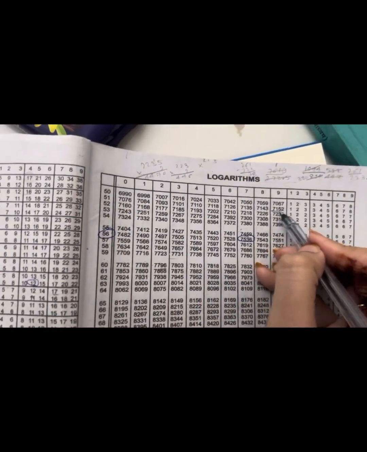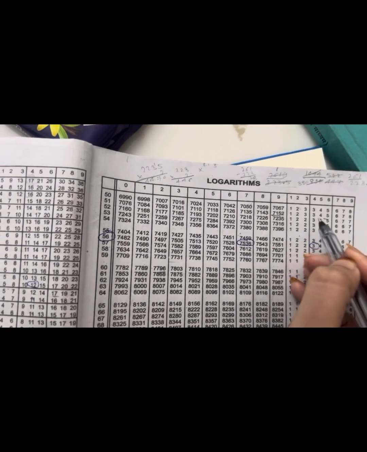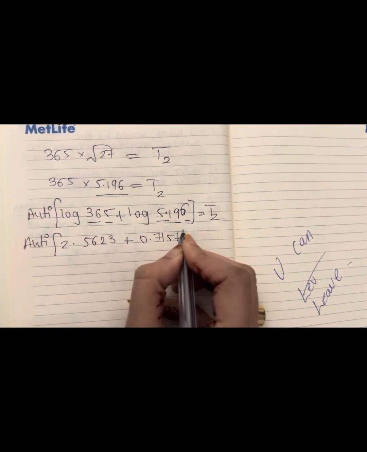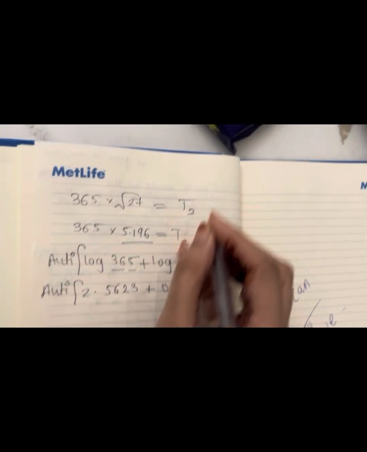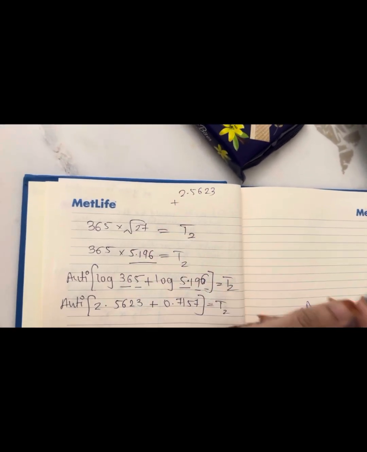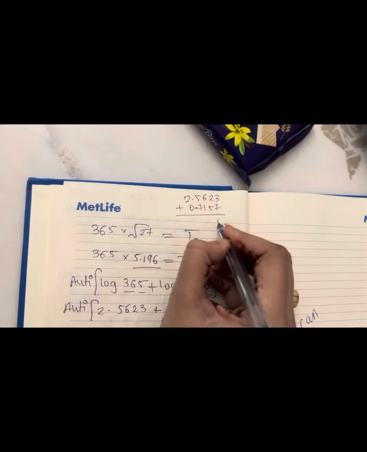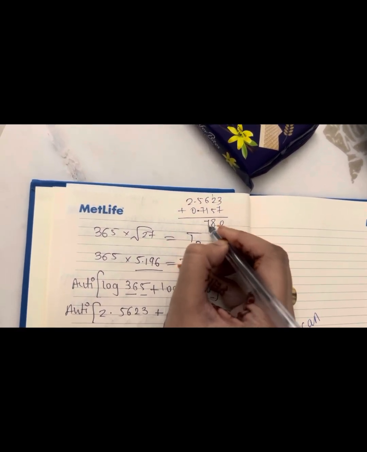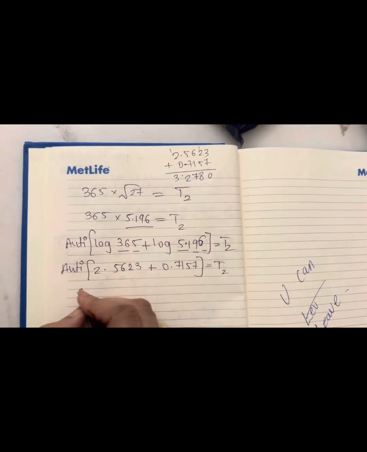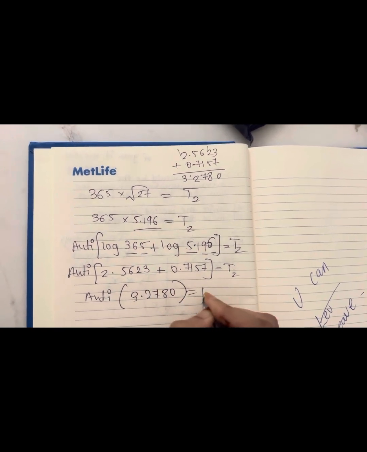So 52 plus 5 will give me 57, then 71, 57. That is equal to T2. You add these two: 2.5623 plus 0.7157. 7 plus 3 gives 10, this gives 8, this gives 12. So it is 3.2780. So antilog of 3.2780 is equal to T2.